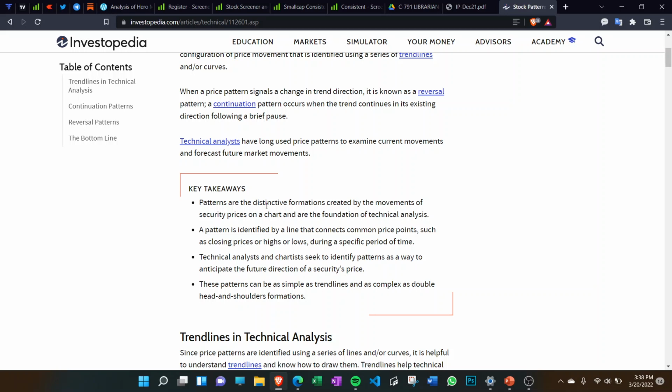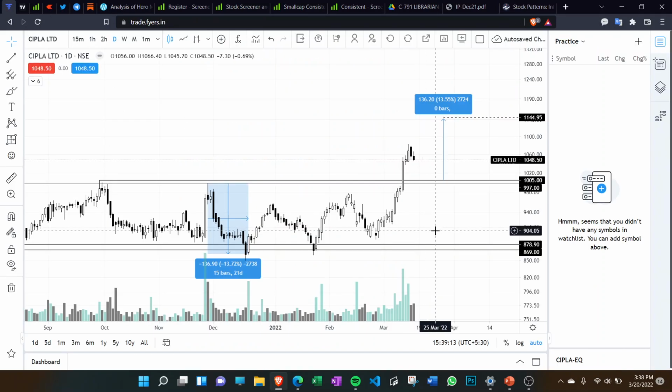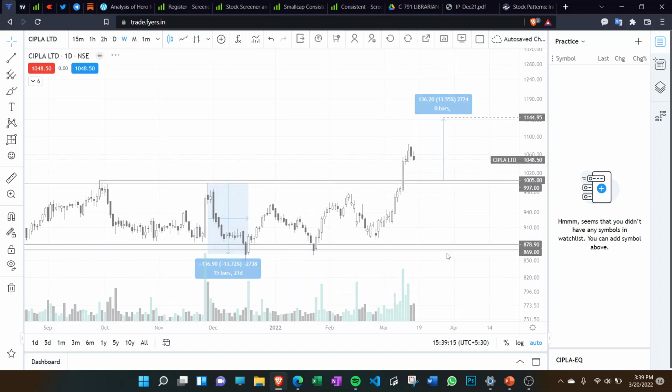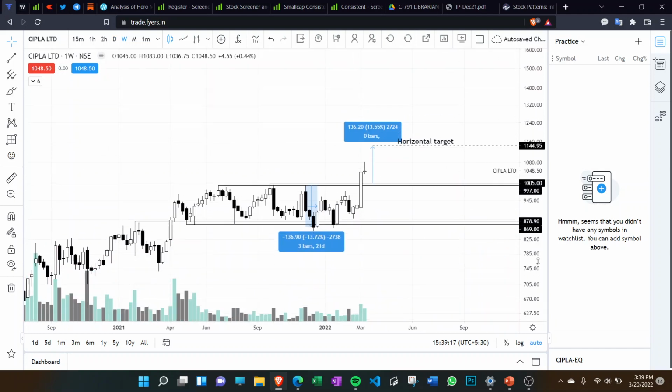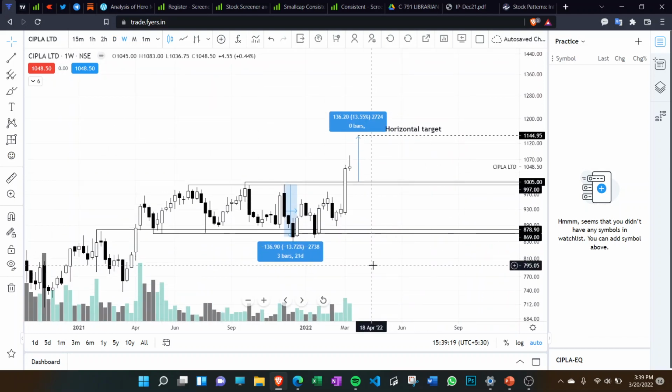Patterns are the distinctive formations created by the movement of security prices on a chart and are the foundation of technical analysis. The most basic unit of technical analysis is the price and the candlesticks. As you can see here, these are called candlesticks.